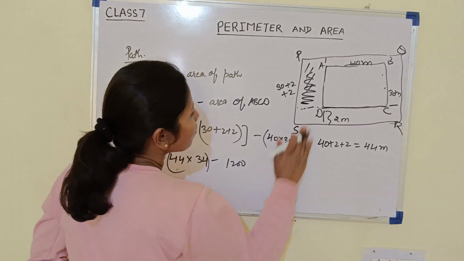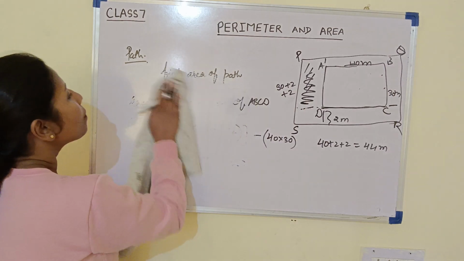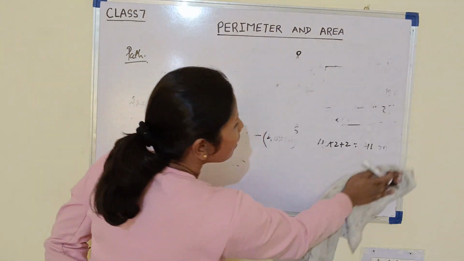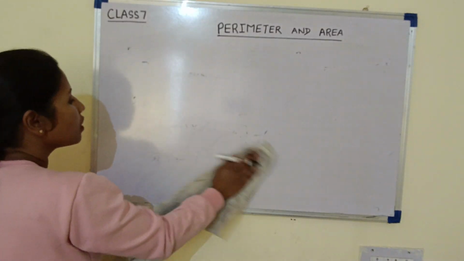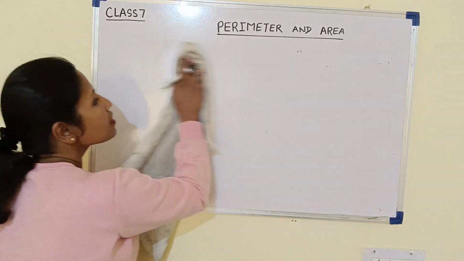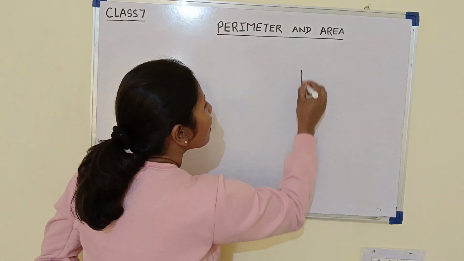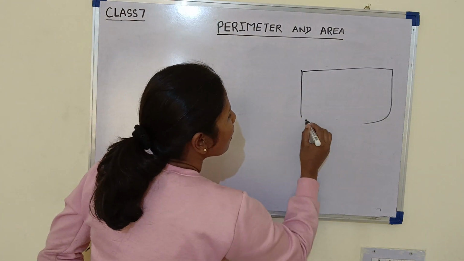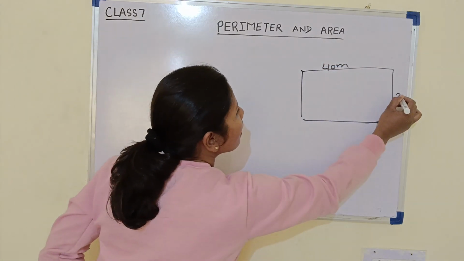Suppose, let's go to the next question. This we read out, the path is outside the park. Path was outside the park. If the path is inside the park, then how will we do it? So this is a rectangular park. It's 40 meter and this is 30 meter.